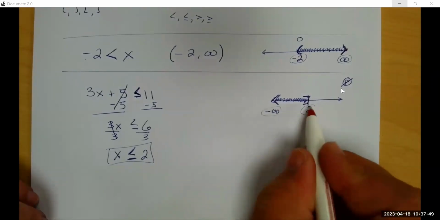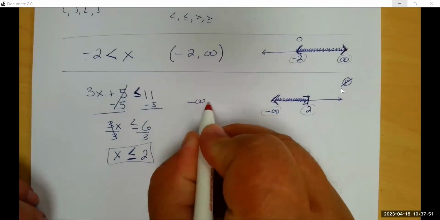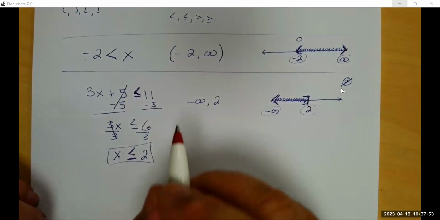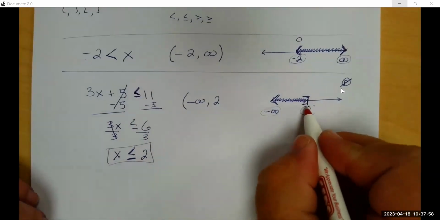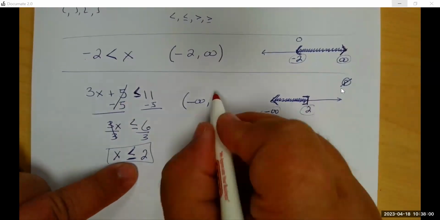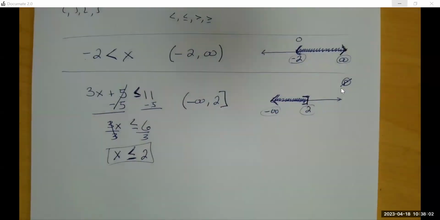So I put my two numbers, negative infinity, comma 2, parentheses always on infinities. Since I can now equal 2, it's a bracket. Right?